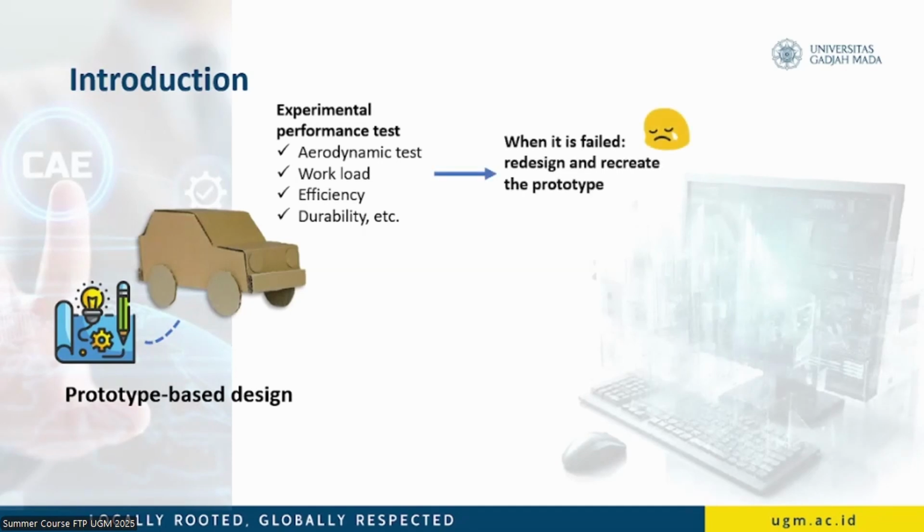But when it fails, you need to redesign and recreate the prototype. So you need money again, you need the materials again. If you are not happy with the new design, you need to make another one.